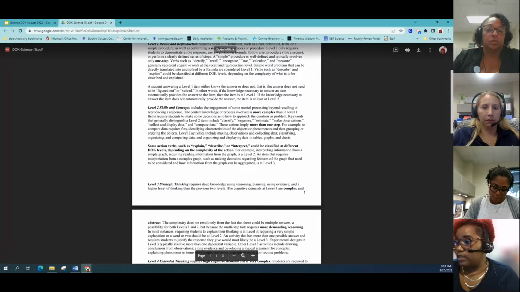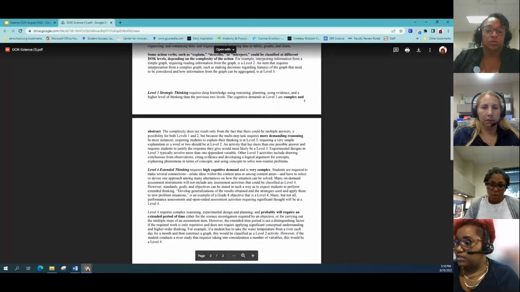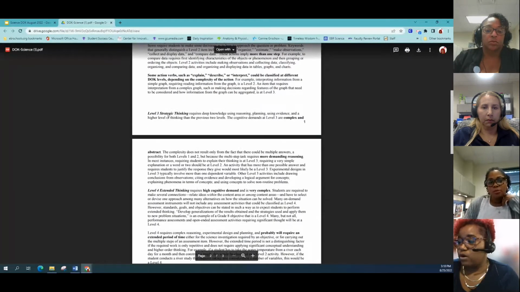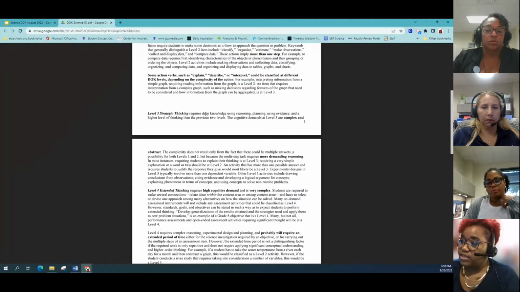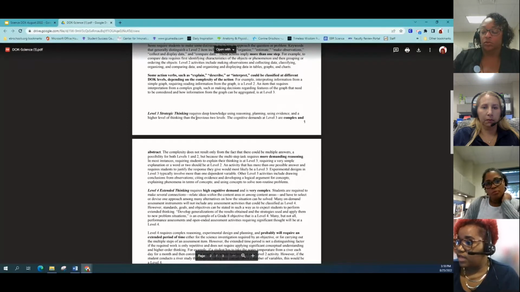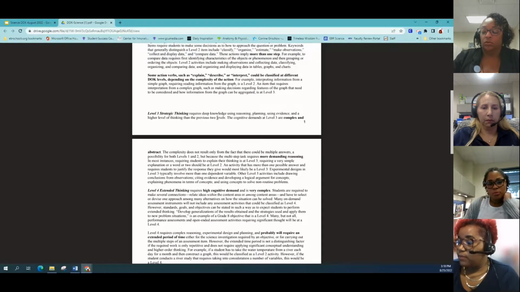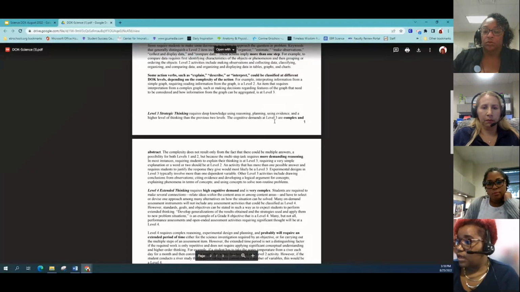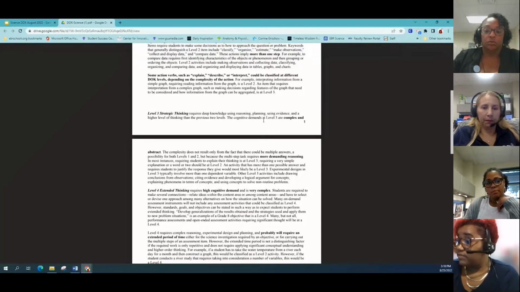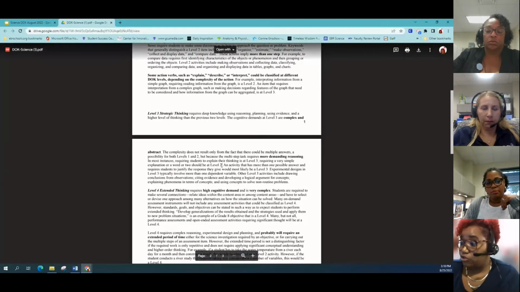But what I really would like to go back to is level 3 and level 4. Level 3, strategic thinking, requires deep knowledge using reasoning, planning, using evidence, and higher level thinking than the previous 2 levels. It says that the cognitive demands at level 3 are complex and abstract.